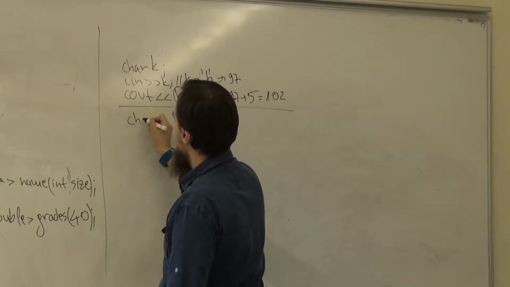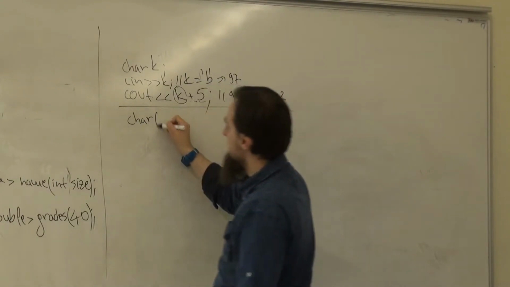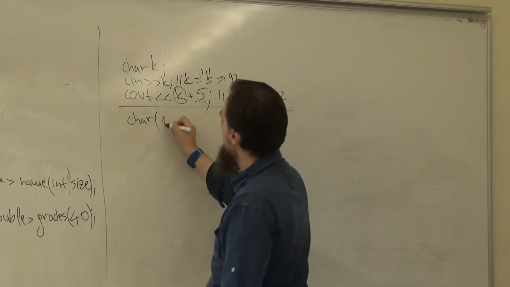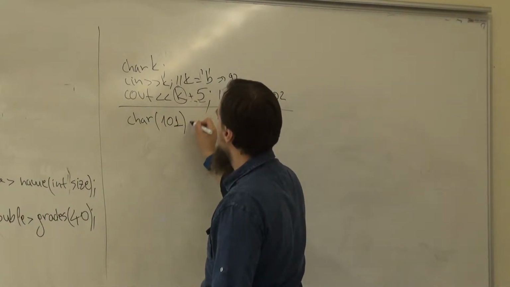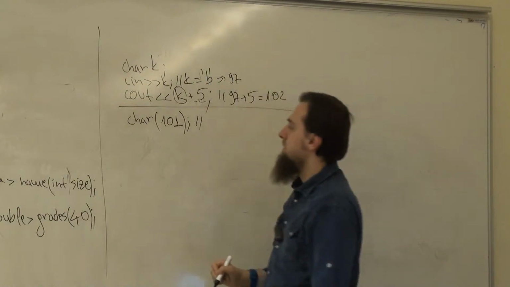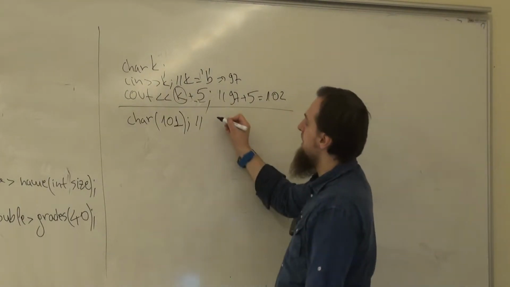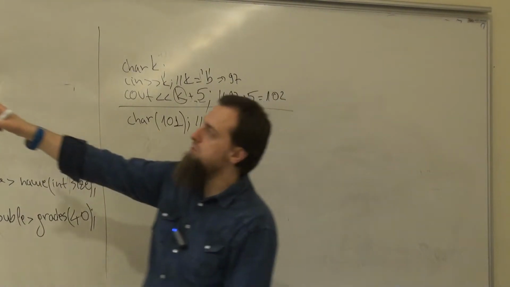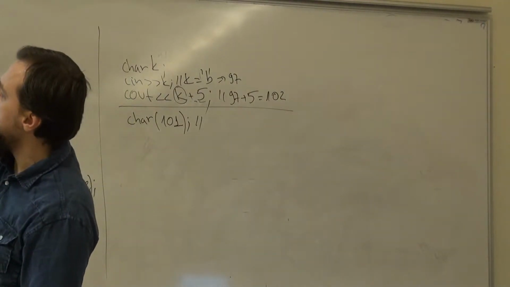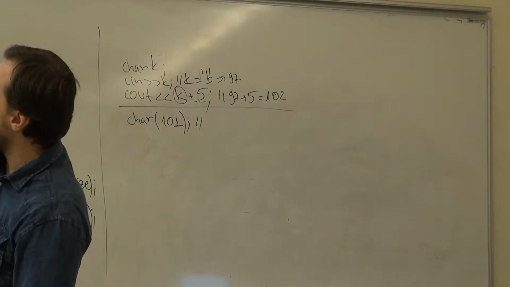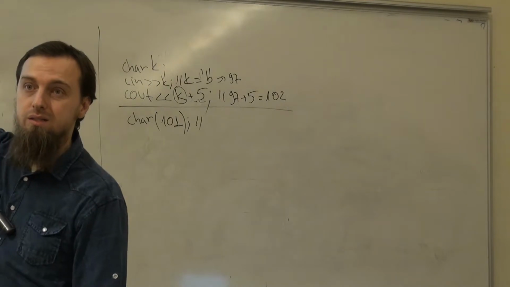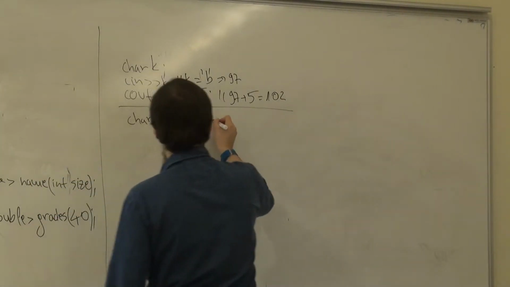So I write something like this, char 101. The output of this will be, what's the corresponding character of the integer 101? It's E. Okay, so this will be E.